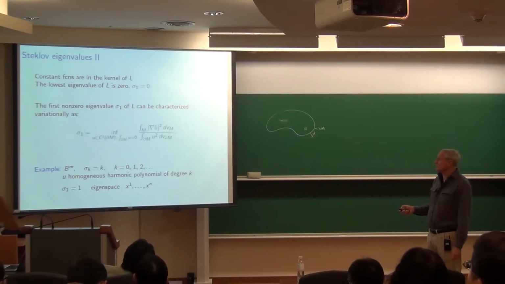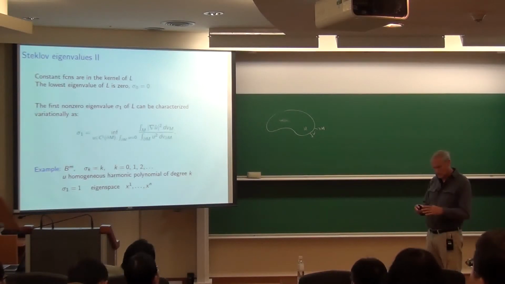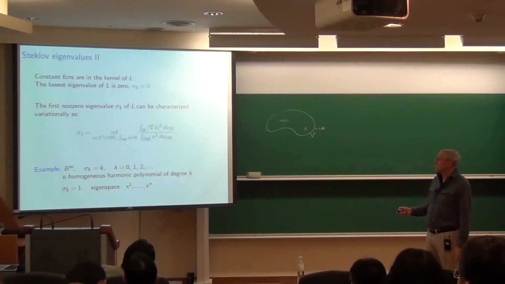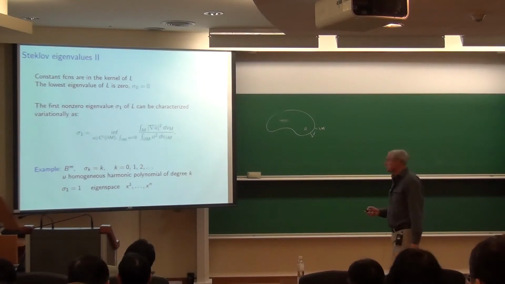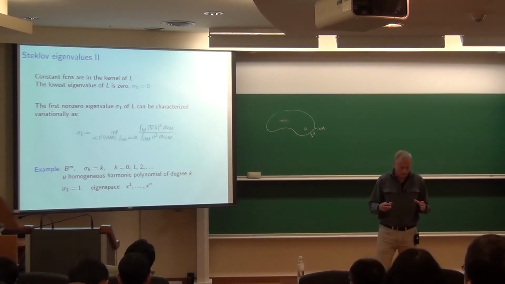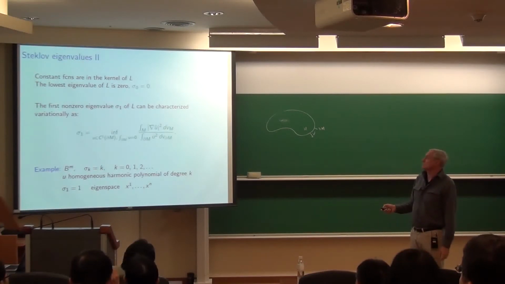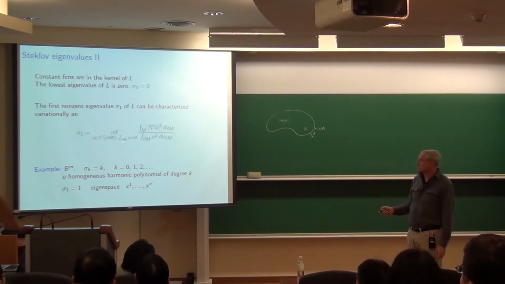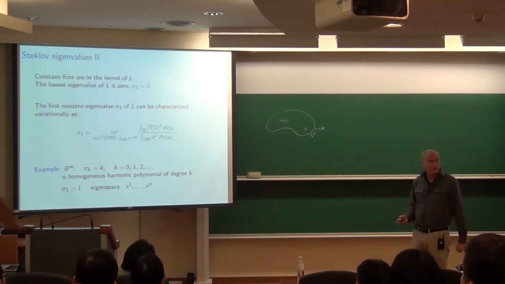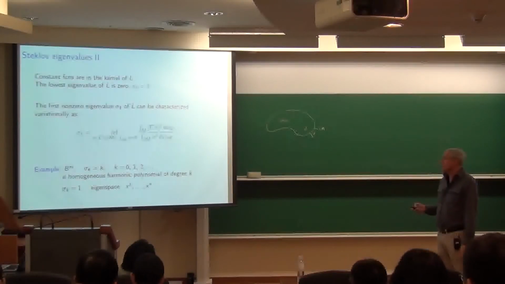The corresponding Rayleigh quotient is the Dirichlet integral of the harmonic extension inside, divided by the L2 norm squared of u on the boundary. Notice that for the Neumann eigenvalue on a surface, the variational characterization looks very similar. The only difference is that the numerator and denominator are both integrals over M. So formally it looks quite similar to the Neumann case.